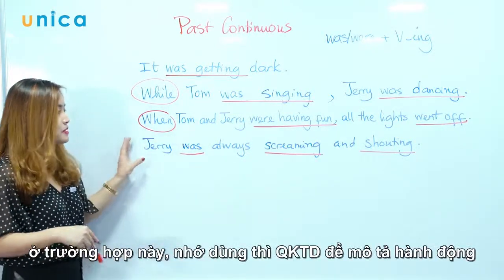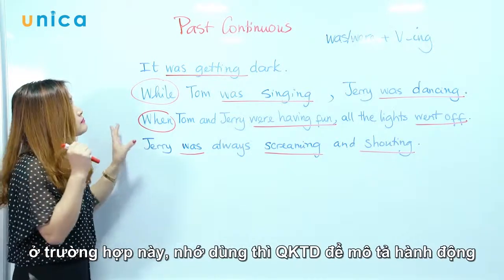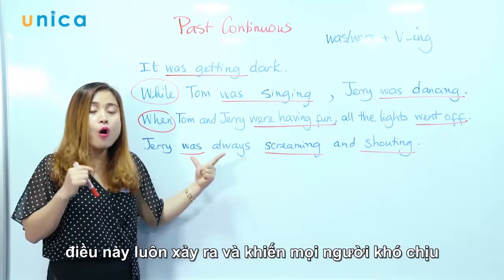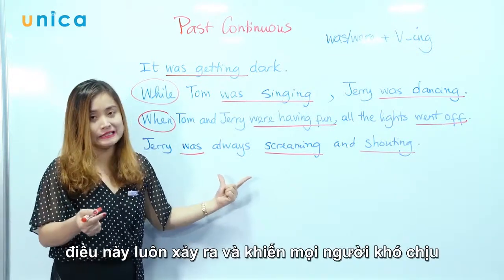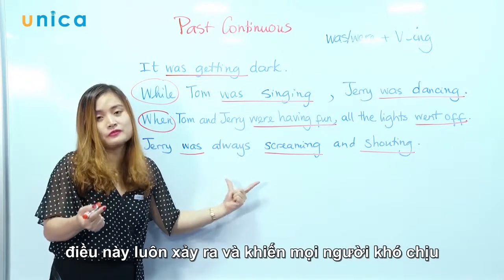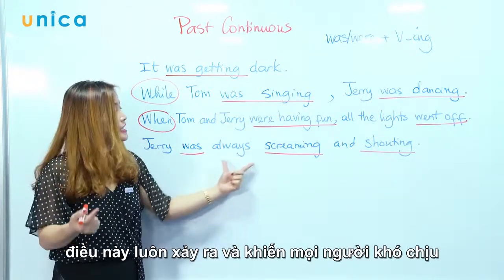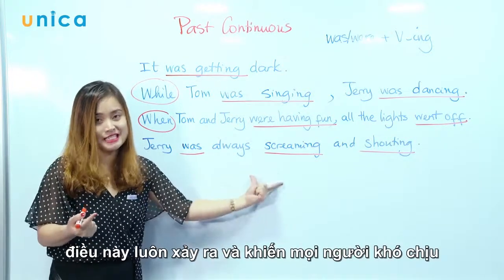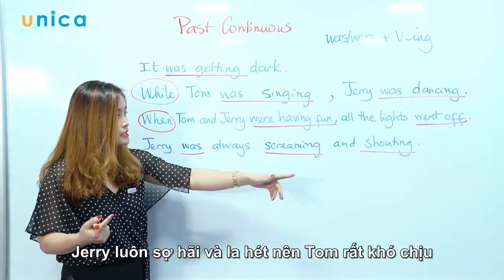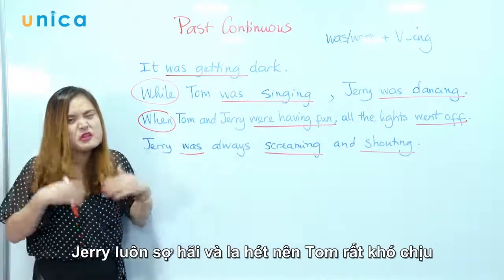So in this case, remember, we use past continuous to describe an action that is always happening, which makes people feel annoyed or irritated. So Jerry was always screaming and shouting, which made Tom very annoyed.